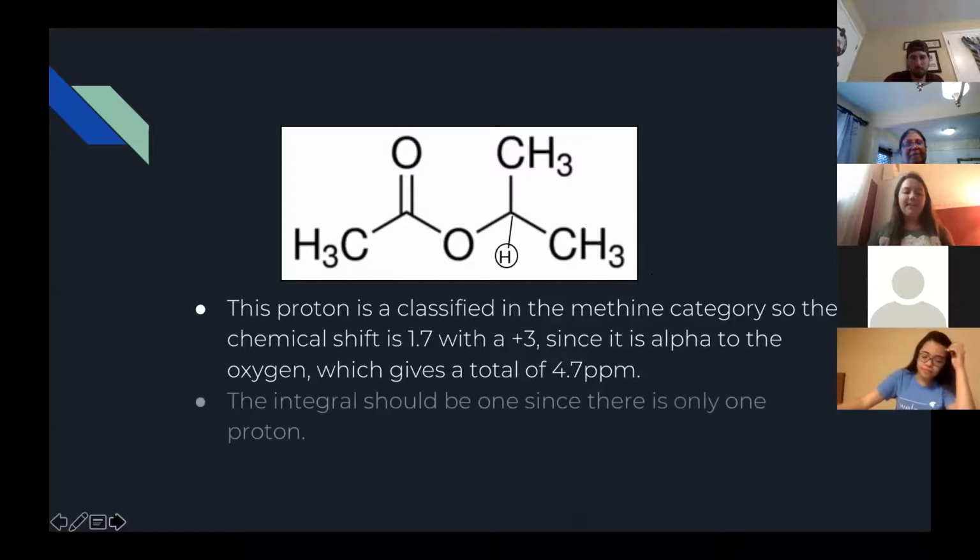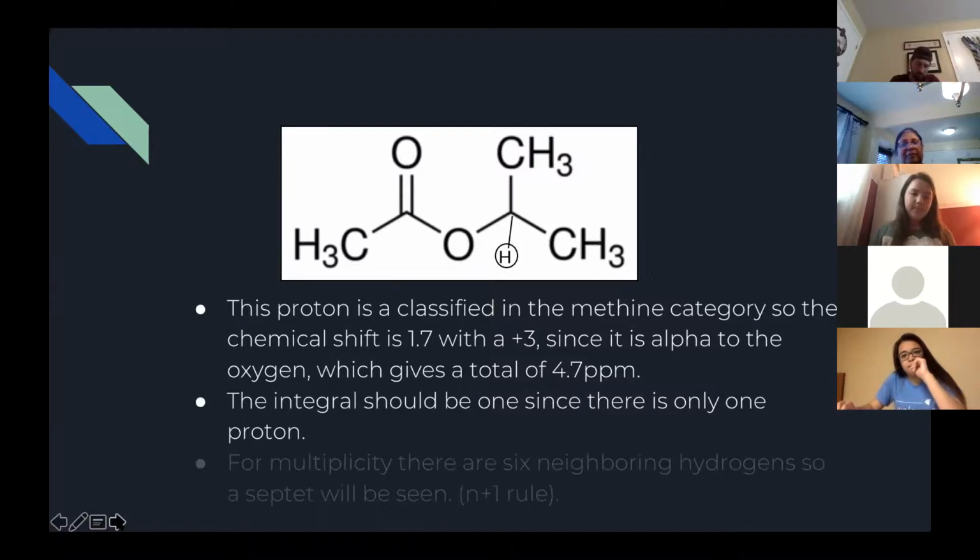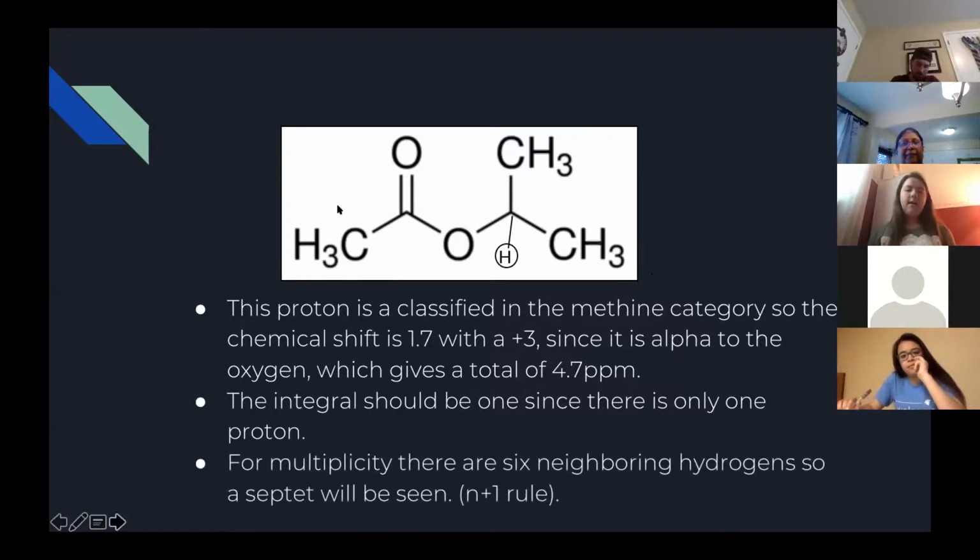Now, next thing, integration. There's only one hydrogen in the group. There's no other hydrogens like this one, so there's going to be an integration value of only 1. And then for multiplicity, there are no hydrogens over here, but there are 6 hydrogens, combining both of these methyl groups together.